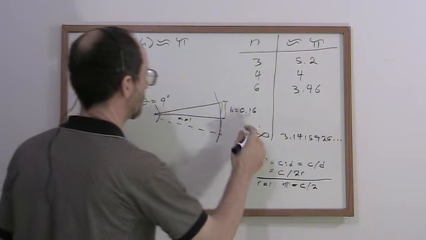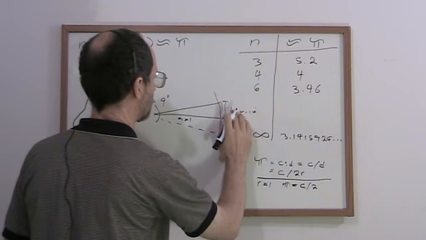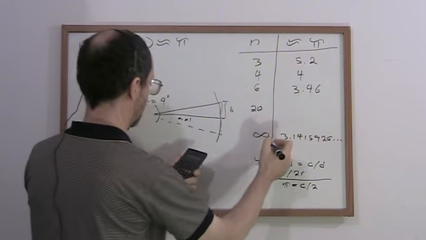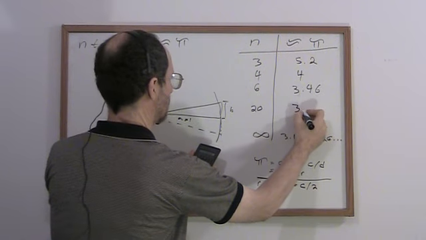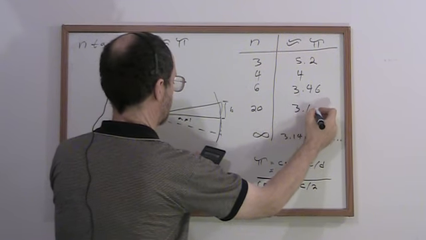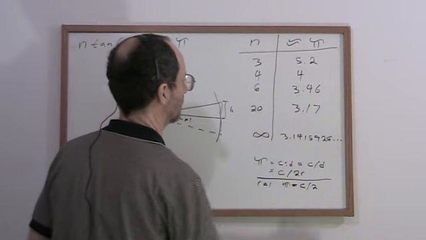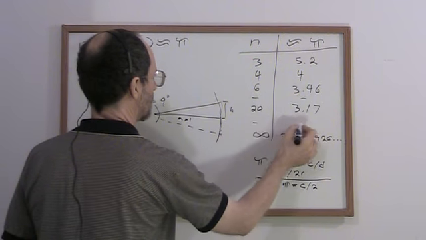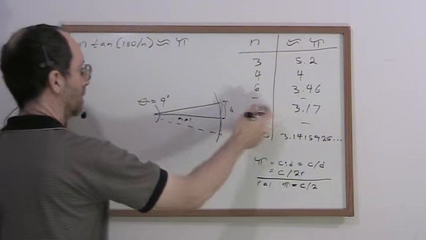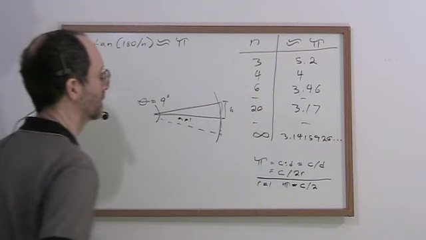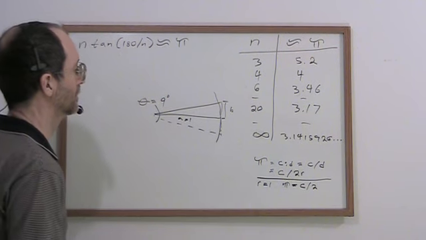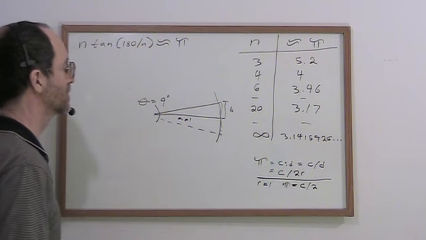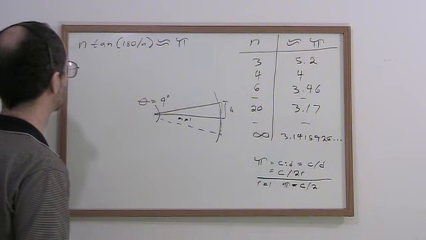And for 20 sides, our approximation of pi is 3.17. Okay, so at 20 sides, we're getting pretty close. We're within 3/100ths of the precise value for pi.